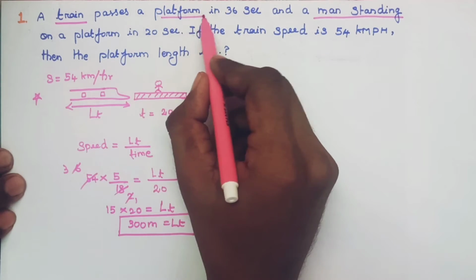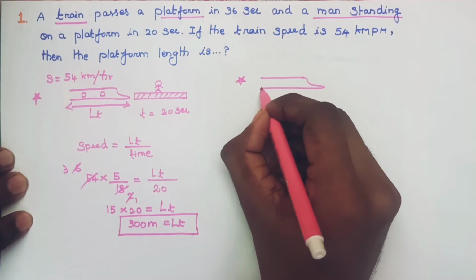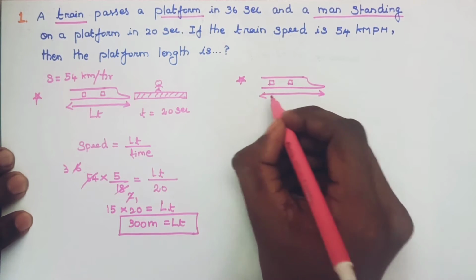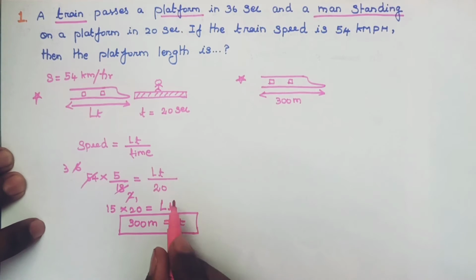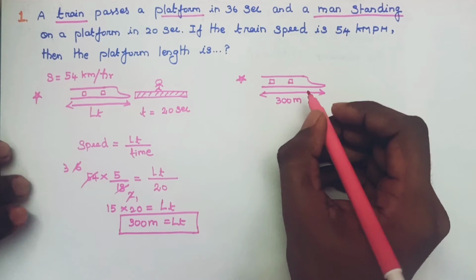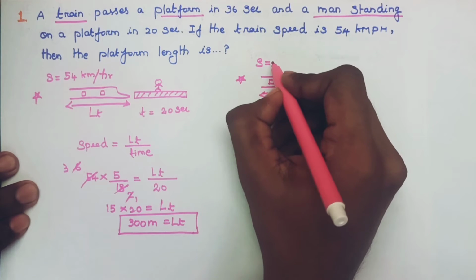A train passes a platform in 36 seconds, and then go for the full question again. A train having the length of 300 meter, that is what we have found using the point method. Just apply it into this second one. What is the speed here?